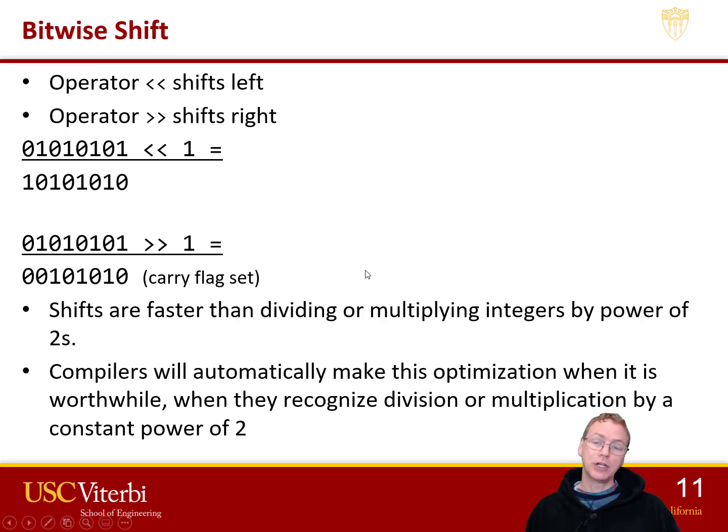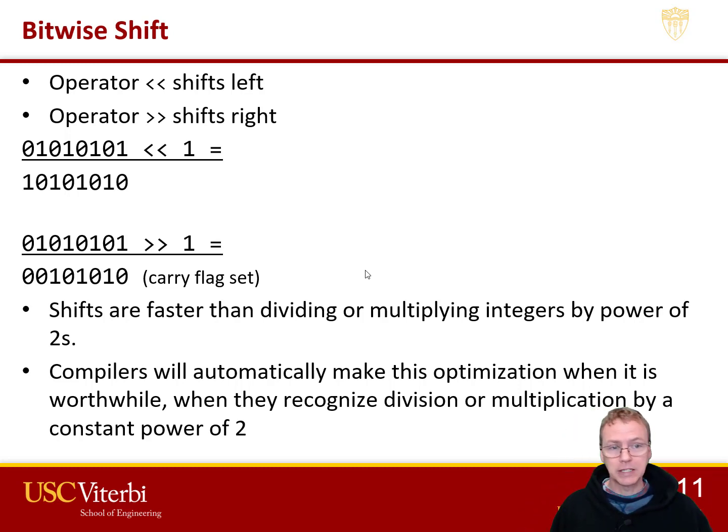Something interesting to note here: when we learn math back in grade school, we learn that anything that is a power of 10, a multiple of 10, has a 0 in the least significant digit. And we can divide by 10 just by chopping off the least significant digit, or we multiply by 10 by just adding a 0 on the end, right?